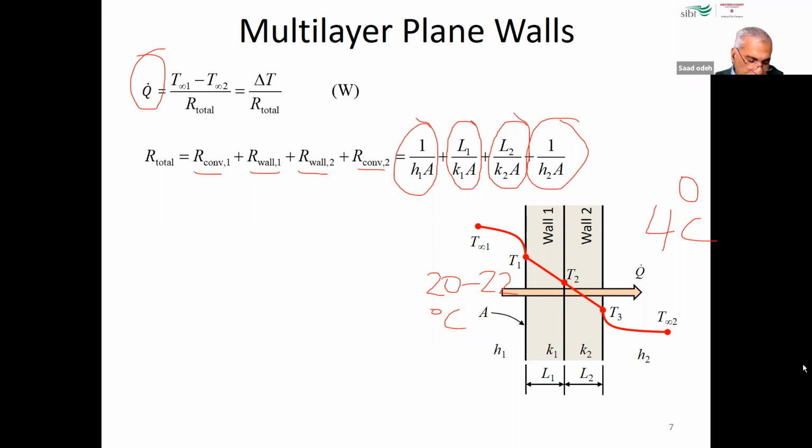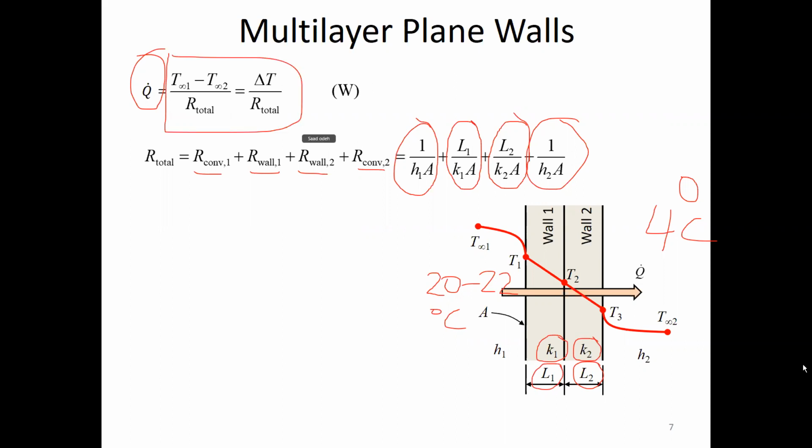If you know wall 1, you know K1 of wall 1, for example brick, you take it from tables, and let's say insulation K2. So you know these two Ks. Once you know these Ks, and of course the thickness of wall 1 and wall 2, this is your design.